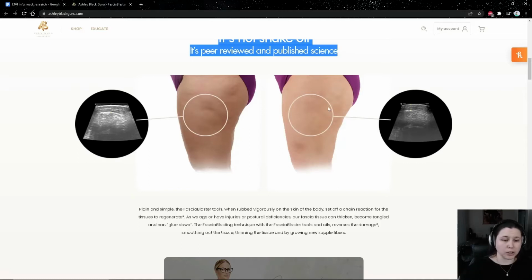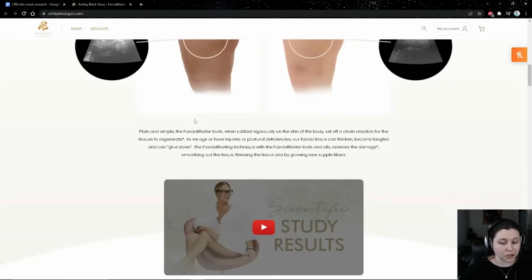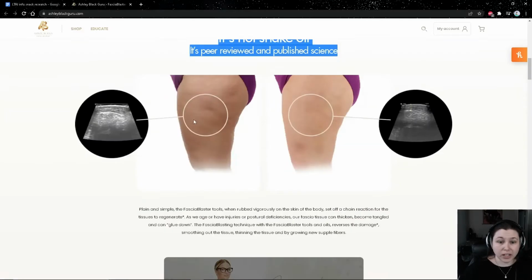Now here's my question. Is this actually an imaging from this leg? Or is this a representation of what they're talking about? Now that's a really important question, right? Because at face value, you think that leg was scanned and that's the image from that leg, and then that's the leg rescanned, you know, so much later.